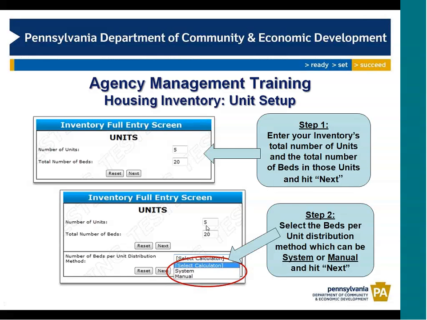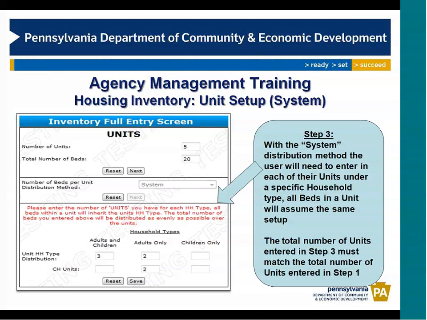Now, with system, it provides a little bit of directional information on what we're looking for. Since the system is going to distribute the beds between your units automatically, it's asking for the overall unit's household type. So the system is asking for a unit number.